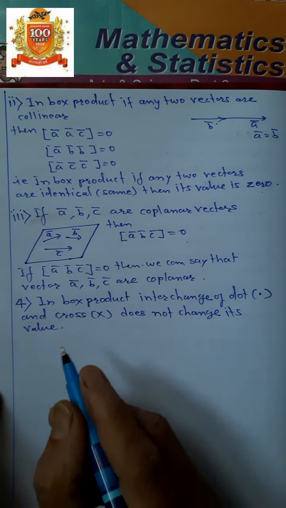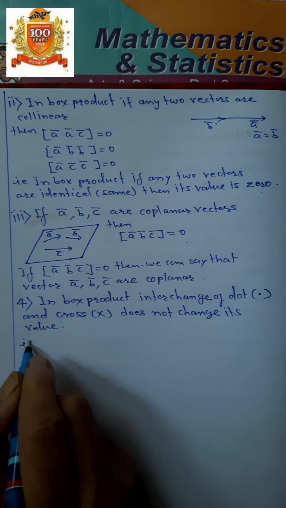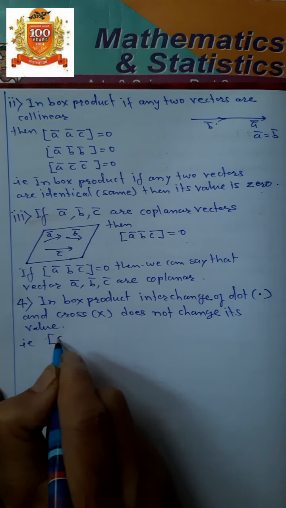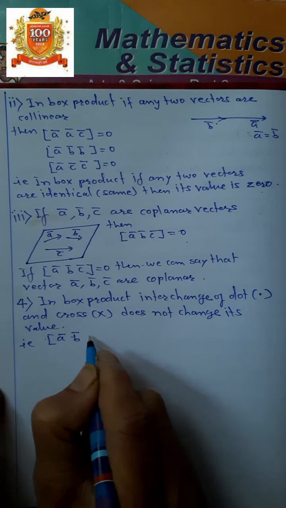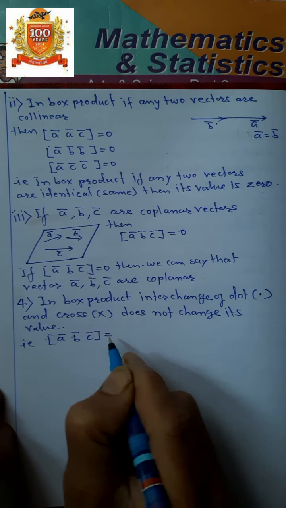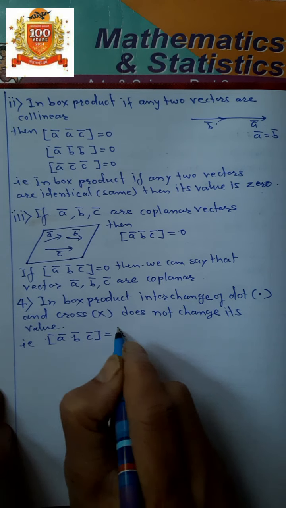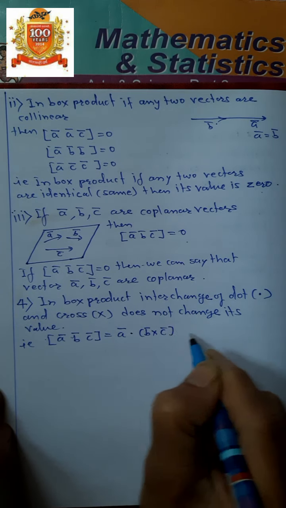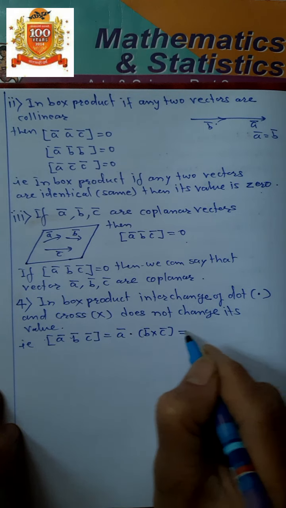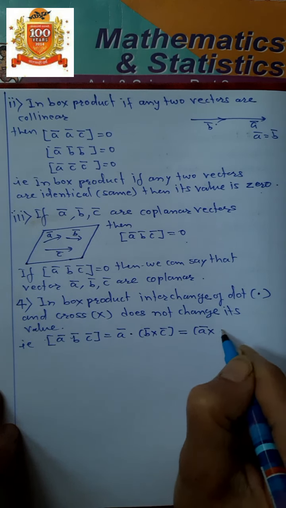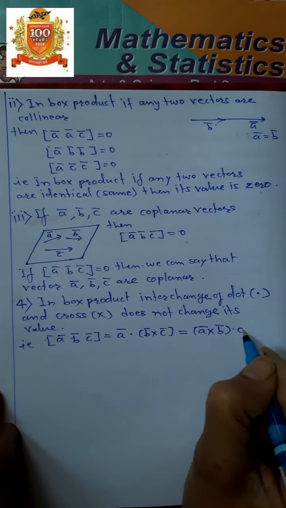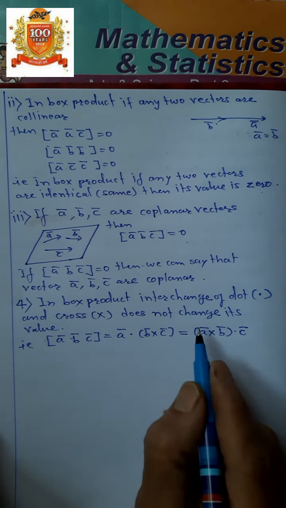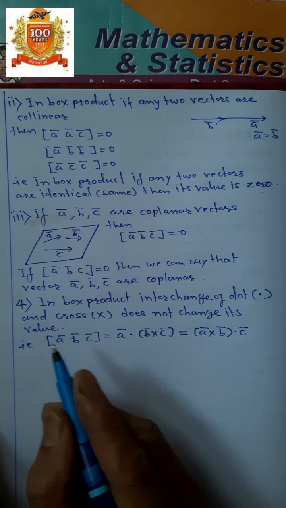What is the meaning of this? That is, box product of A bar, B bar, C bar is denoted as A bar dot B bar cross C bar is equal to A bar cross B bar dot C bar. This will not change the value of the box product.